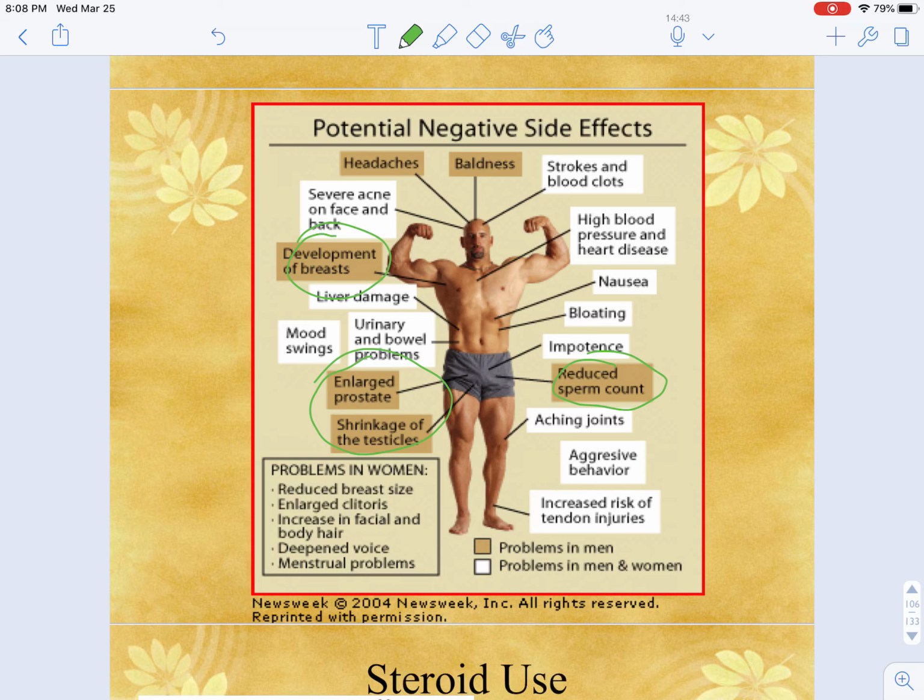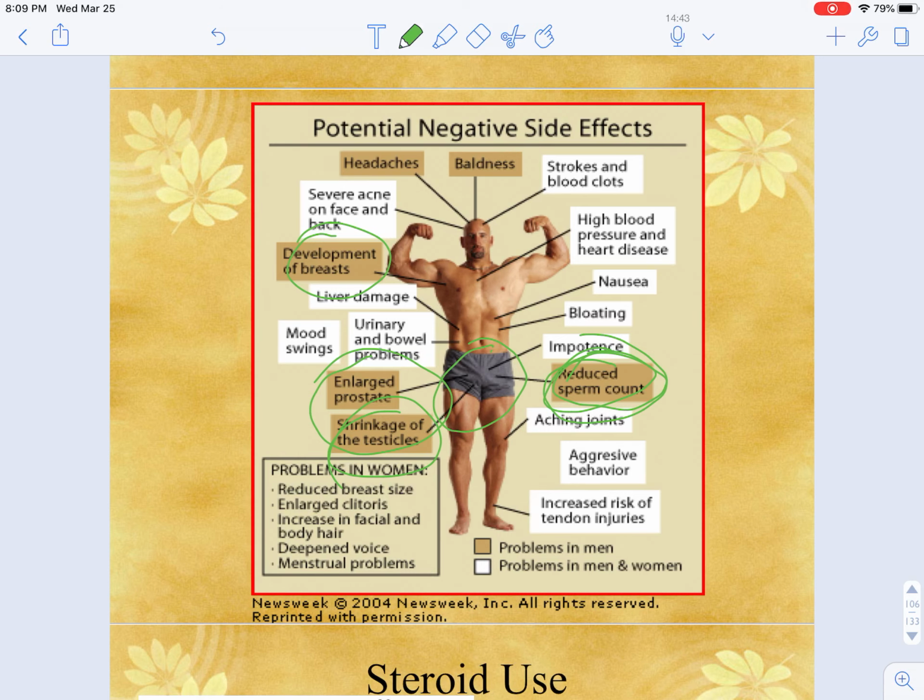The reason is that if too many synthetic testosterone molecules are floating around, then the body says, well, then I don't need to make any, and there's a negative feedback, and eventually the testes are not being used for sperm production if the person is taking synthetic testosterone, also known as steroids. So that's why we get these side effects of testes shrinkage and less sperm count.